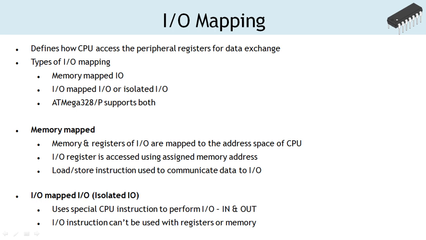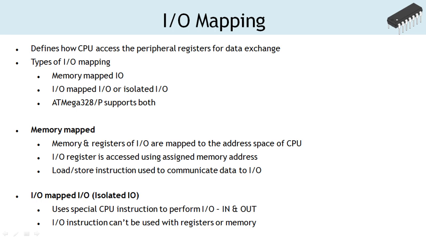And other microcontrollers allow peripheral registers to be mapped to the CPU's memory space. These memory addresses are read and written using load store instructions, which are generally used to move data between memory and register file and vice versa. The first mapping is called I/O mapped I/O and the second is called memory mapped I/O.